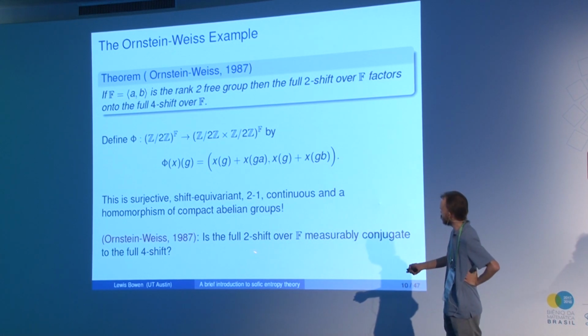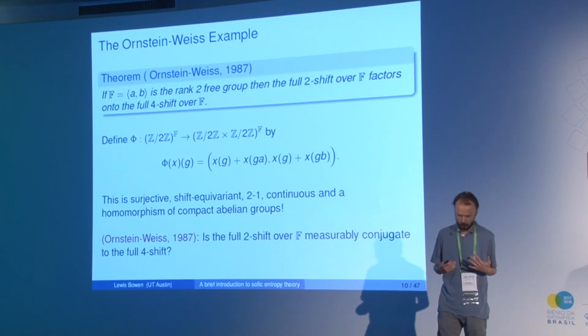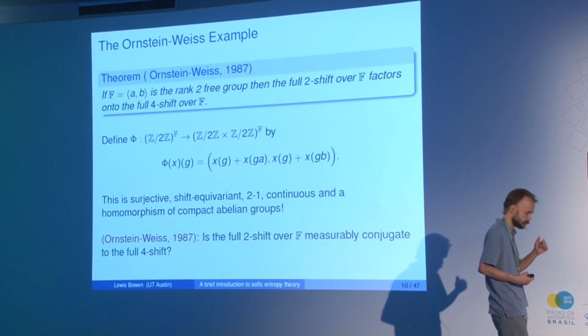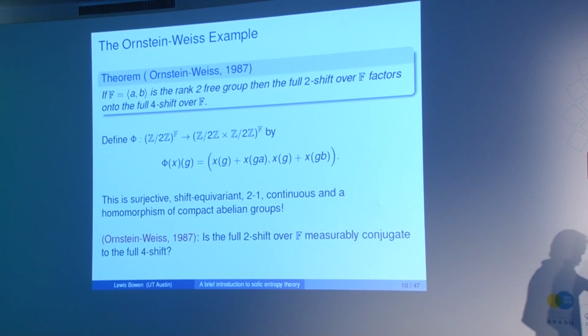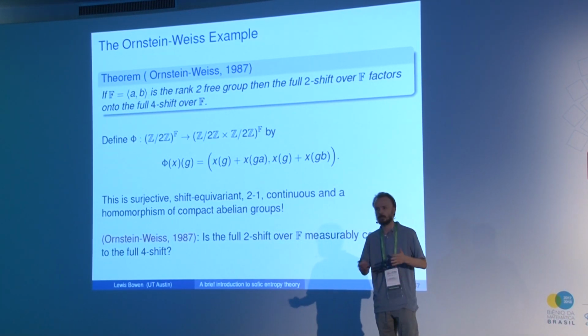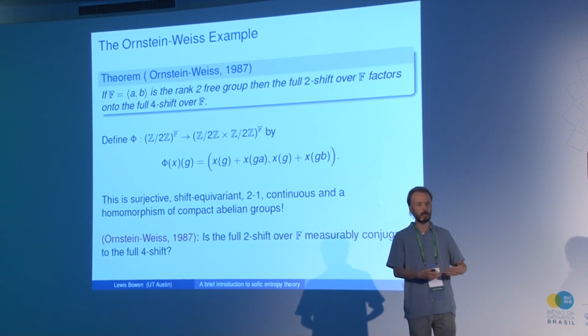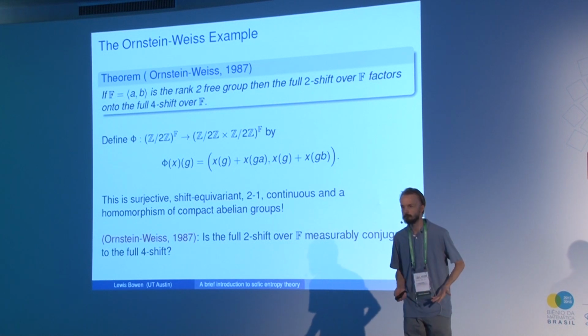So it's a multi-purpose counterexample. And they asked, well, these two, the 2-shift and the 4-shift, can't be topologically conjugate because one has 2 fixed points and the other one has 4. But those fixed points are just a set of measure 0. So maybe if we got rid of measure 0 sets and we just looked at measurable isomorphisms, maybe they're isomorphic.